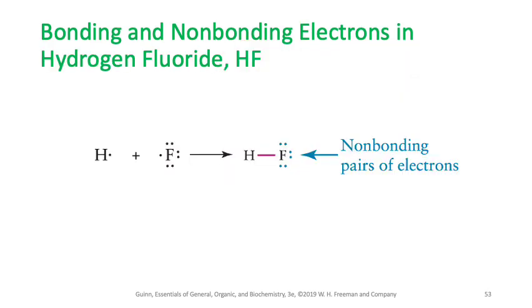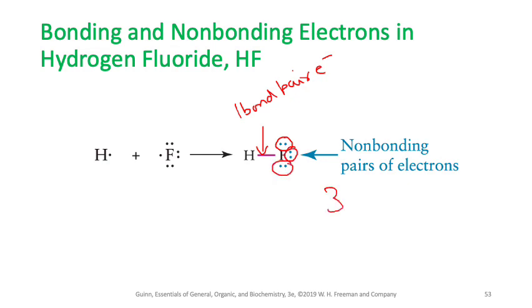Let's do one more example, hydrogen fluoride. In this structure, how many lone pairs and bond pairs? You can see just 1 bond, so that means 1 bond pair of electrons. And how many non-bonding pairs? You have 1 pair, second pair, third pair.